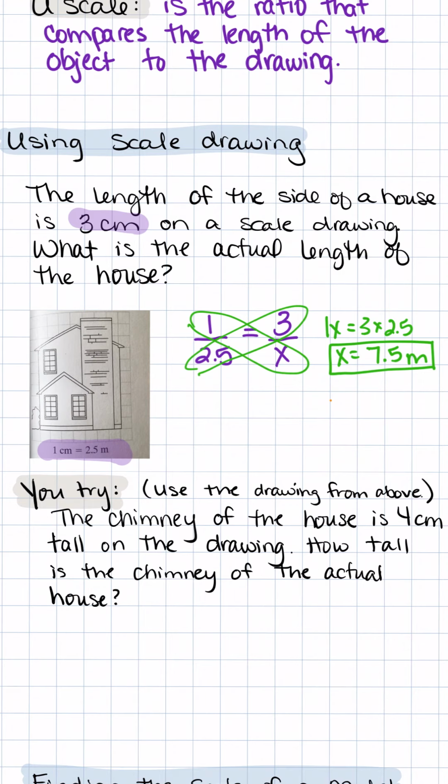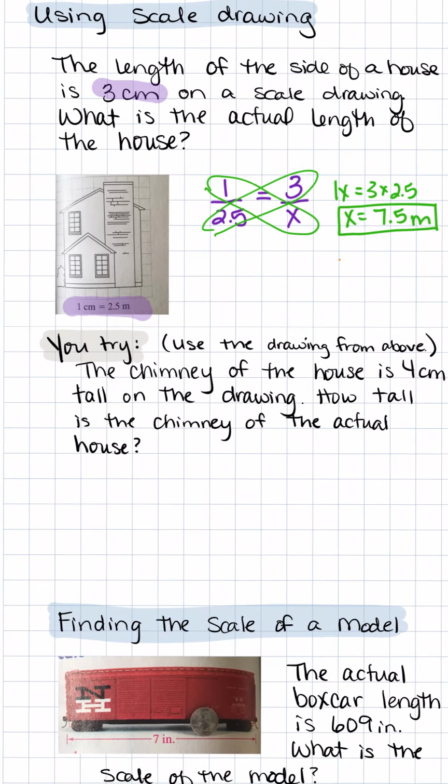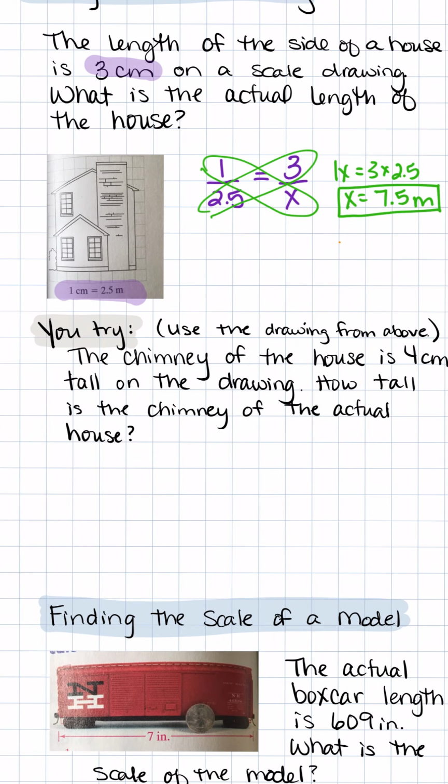Okay, so using the same drawing right here, you try this one. The chimney of the house is 4 centimeters tall on the drawing. How tall is the chimney of the actual house? Press pause, see if you figure it out. Come back to me when you're done.